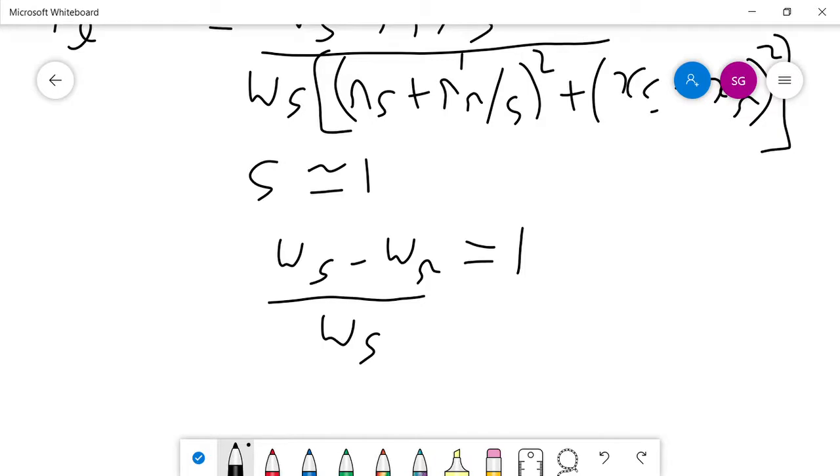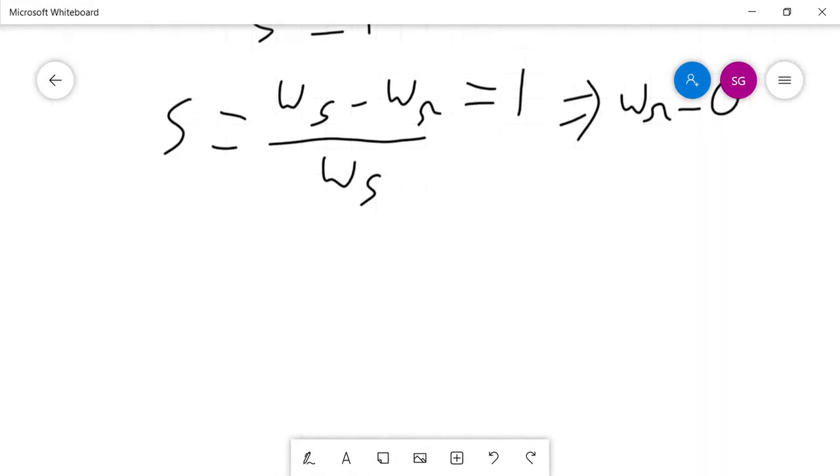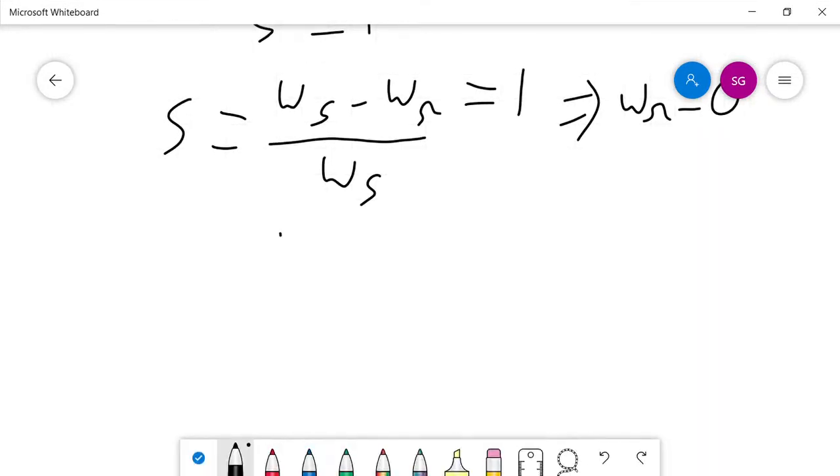So from here we can see that omega r will come out to be 0. At 0, this slip will be equal to 1. So torque is inversely proportional to 1 upon s.